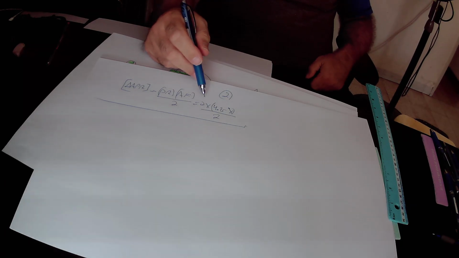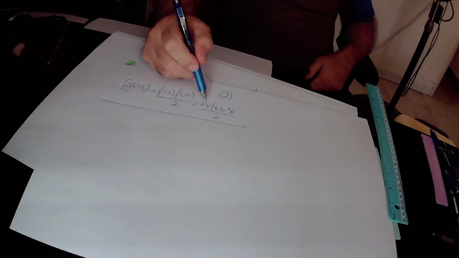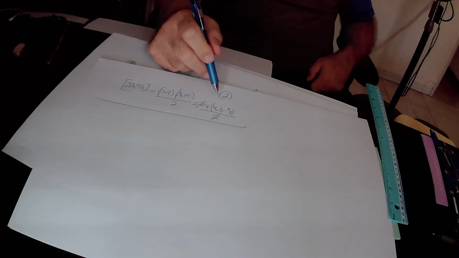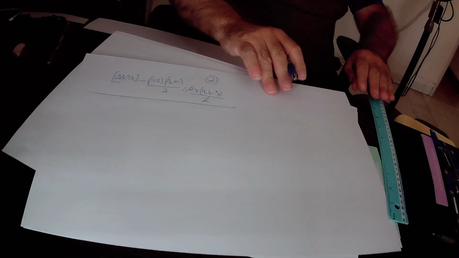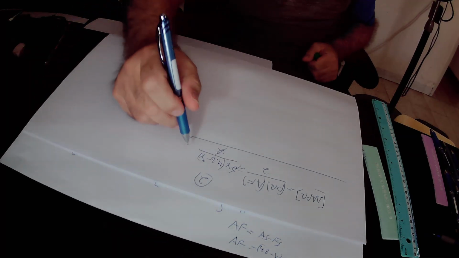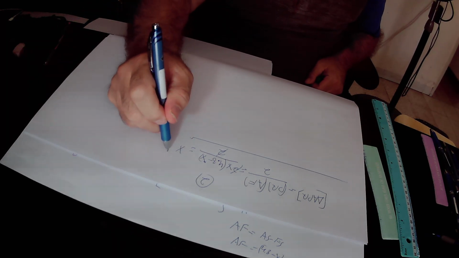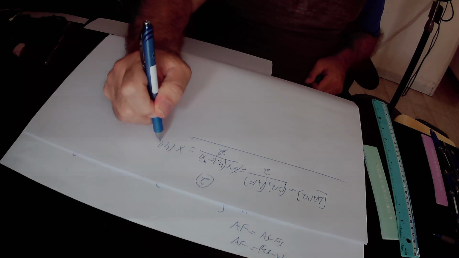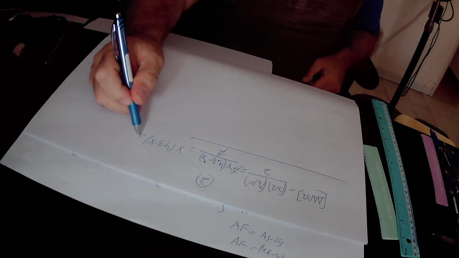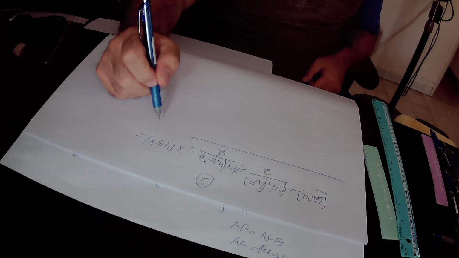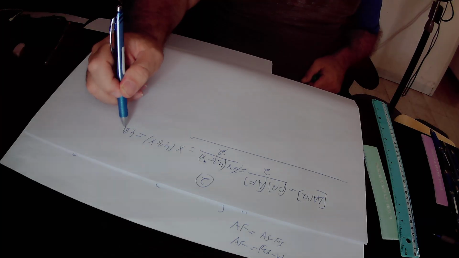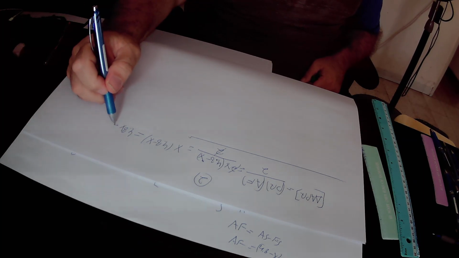We have 2 in the numerator and 2 in the denominator, so the 2s get cancelled, and we have only x times 4.8 minus x. Here we'll open the brackets: x times 4.8 is 4.8x, and x times minus x is minus x squared.